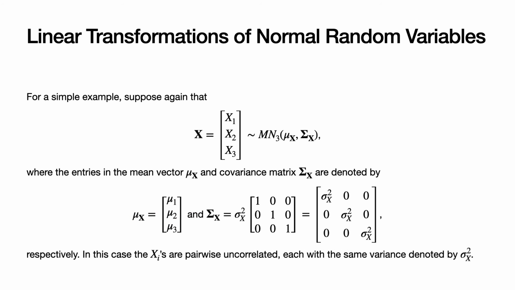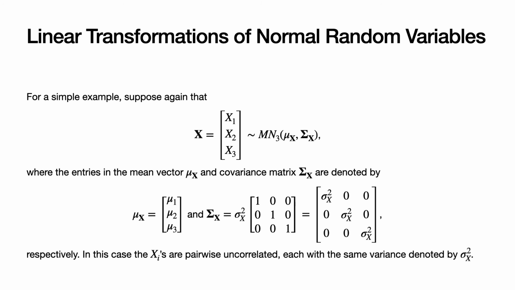For a simple example, suppose again that x is a 3 by 1 random vector that varies according to a multivariate normal distribution of rank 3 with mean vector denoted by mu sub x, covariance matrix denoted by capital sigma sub x, where the entries in the mean vector mu sub x are mu1, mu2, and mu3, and the covariance matrix of x is equal to sigma squared times the 3 by 3 identity matrix, which is the same as the 3 by 3 diagonal matrix with sigma squared sub x in each position on the diagonal.